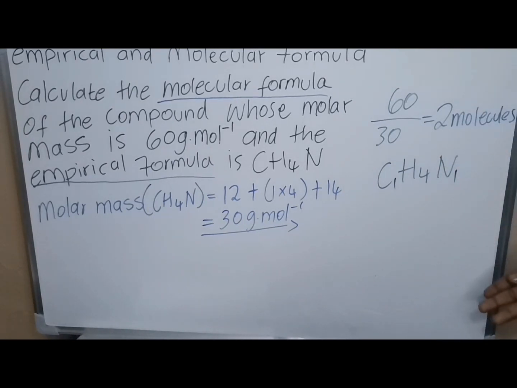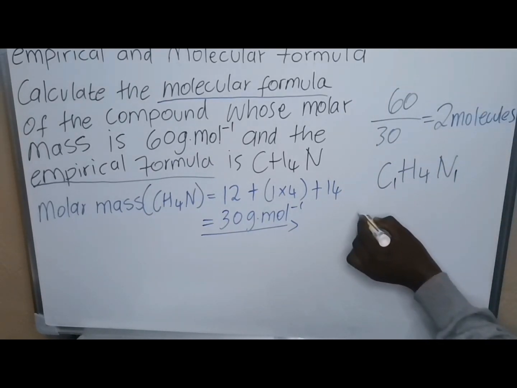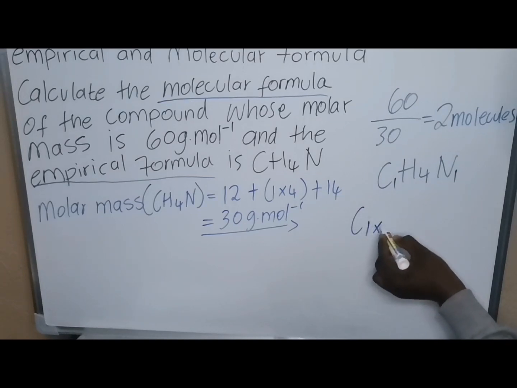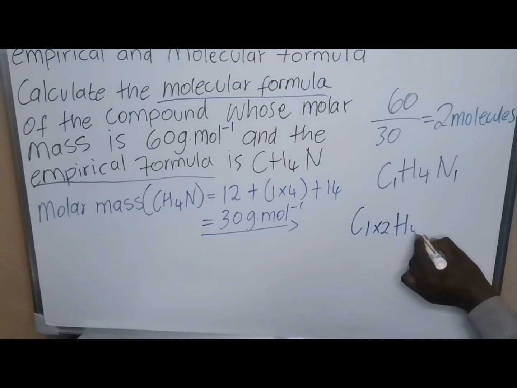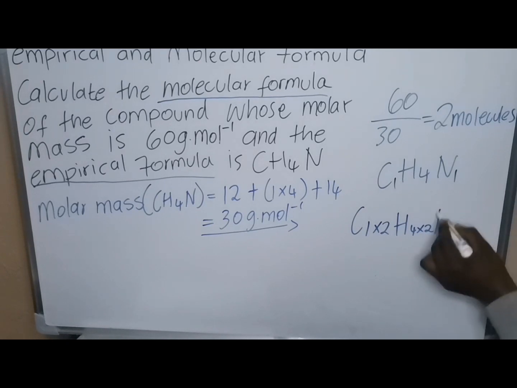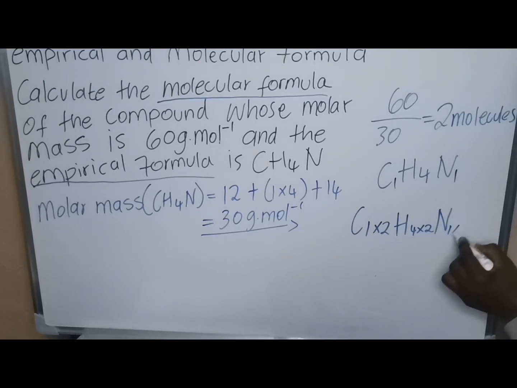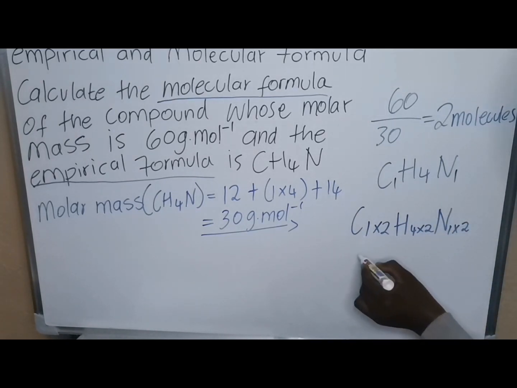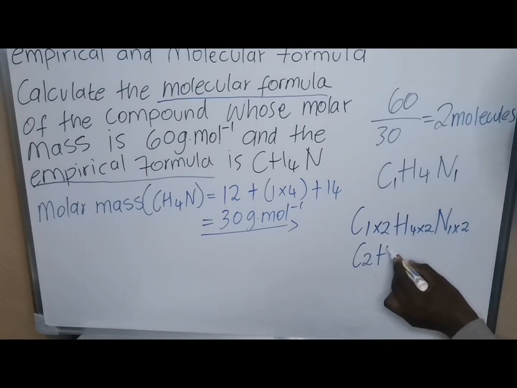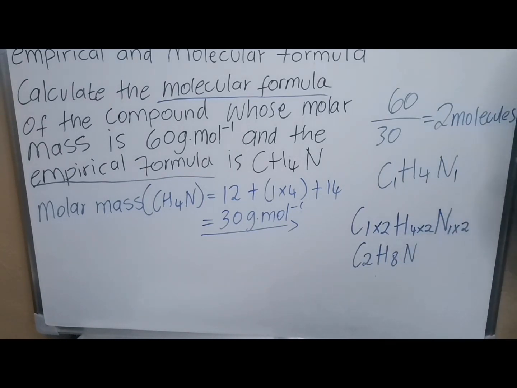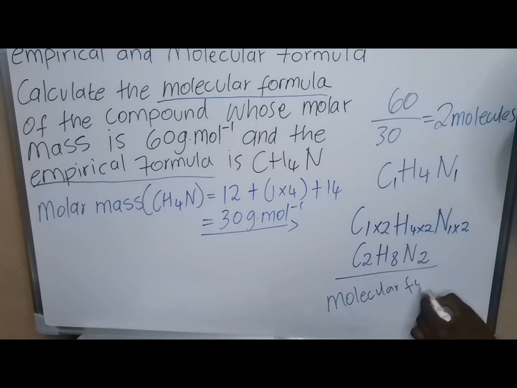It's going to give you the molecular formula. So C1 multiplied by 2, H4 multiplied by 2, N1 multiplied by 2. It will be C2H8N2. This is the molecular formula. This is how you find the molecular formula. Very simple, guys. I hope you can see it.